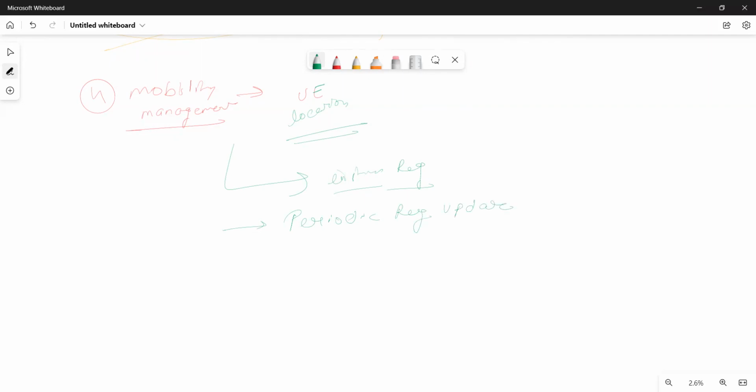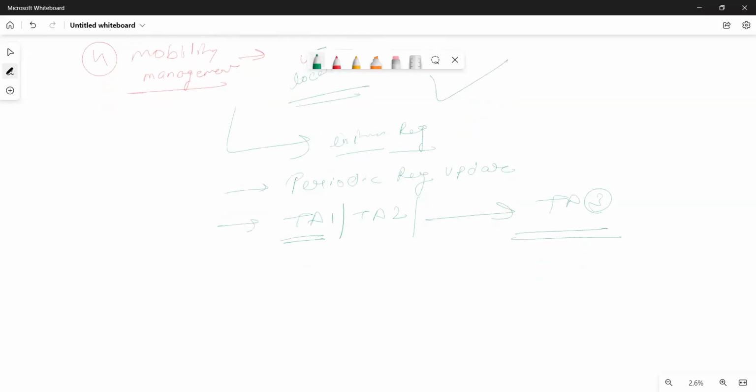And second is if you move out of the tracking area, there is a tracking area update. Let's say the UE is registered in tracking areas TA1 and TA2, and if it moves to TA3, then it needs to do a tracking area update. Why is this important? This is important to maintain the UE's location within the network. So these are our four important things here.